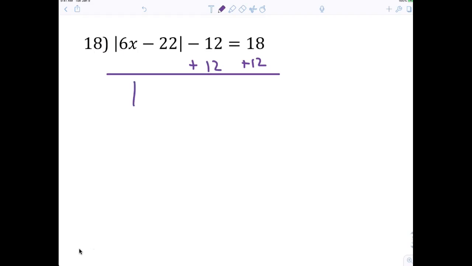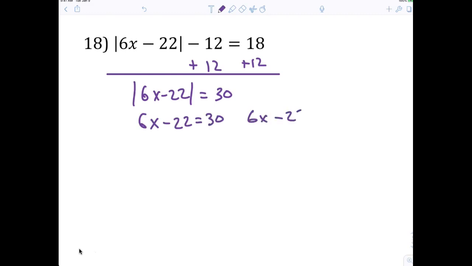So now, absolute value of 6x minus 22 equals 30. You good with that? Now write the equations. Go. So it's 6x minus 22 equals 30, and 6x minus 22 equals negative 30. I'm happy with you. That's good. You good? Come on.